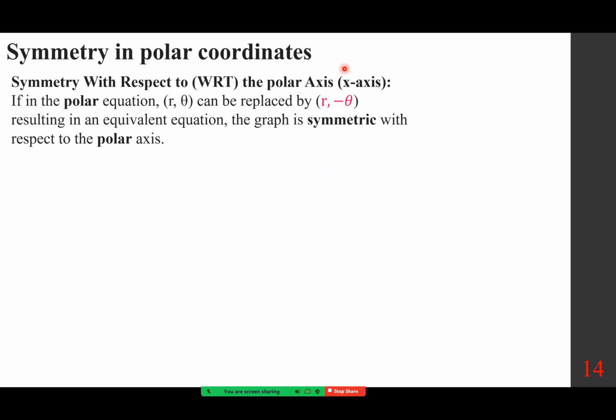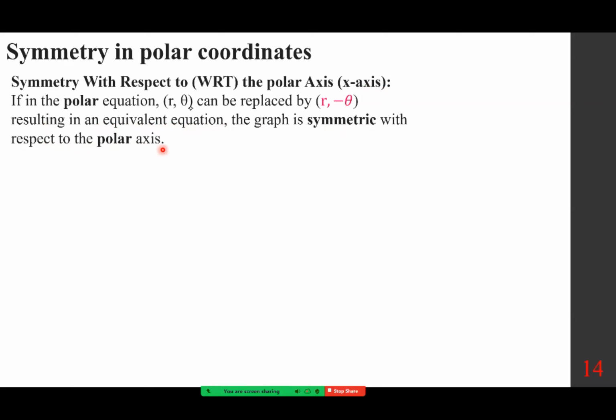Symmetry in polar coordinates, symmetry with respect to, I'm going to use WRT, with respect to the polar axis. Polar axis works like an x-axis. If in the polar equation r comma theta can be replaced by r comma negative theta, resulting in an equivalent equation, the graph is symmetric with respect to the polar axis.